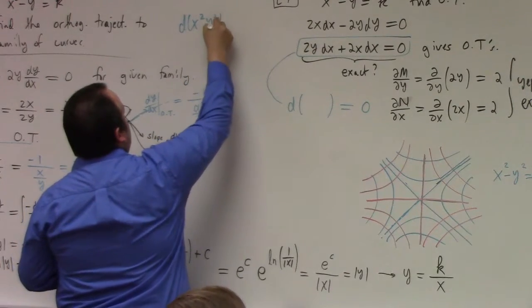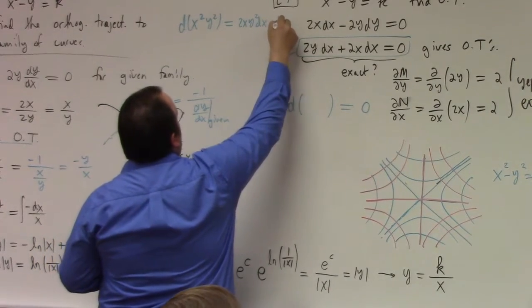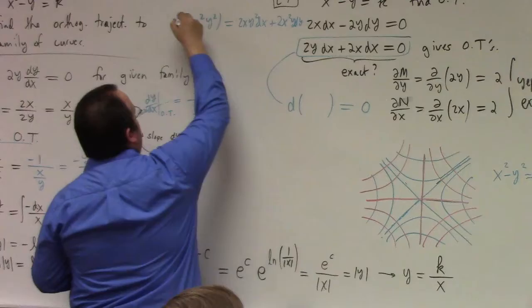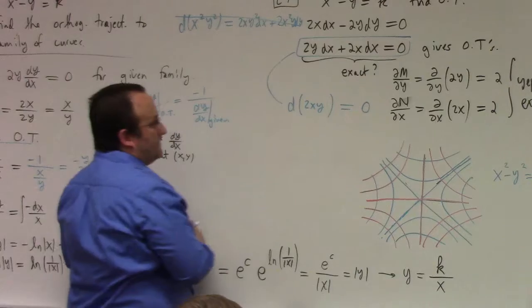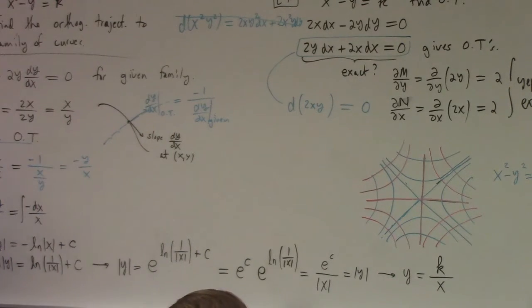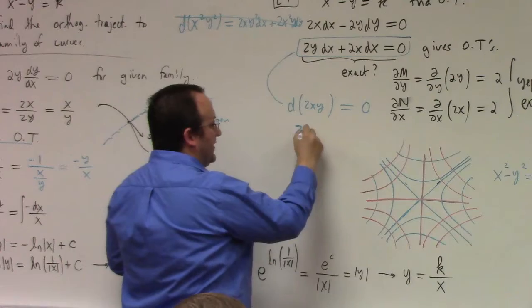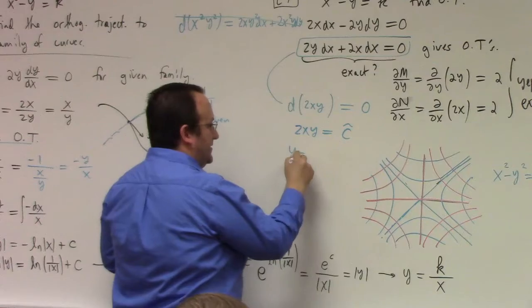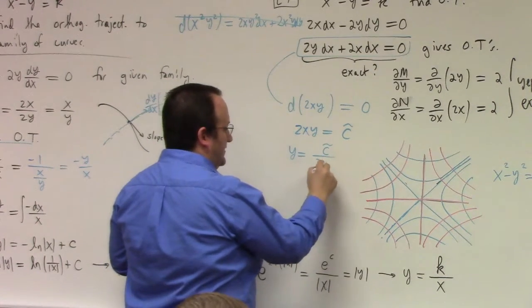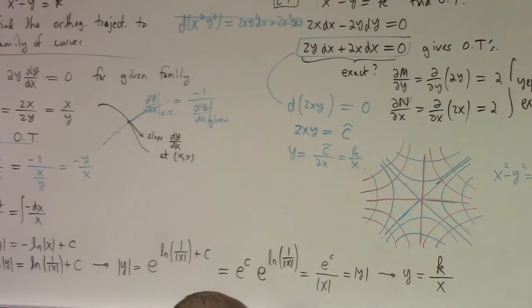I appreciate the guess, but that would give me 2xy squared dx plus 2x squared y dy, right? So that's not going to do it. Yeah, 2xy. Now you can either get that from guessing or from doing the integral like we did yesterday, yeah? So once you see that this differential equation is just that, the solution is 2xy equals some constant. I'll call it c tilde. So in other words, y is equal to c tilde over 2x, aka k over x, yeah? Which is what we found the other way as well.